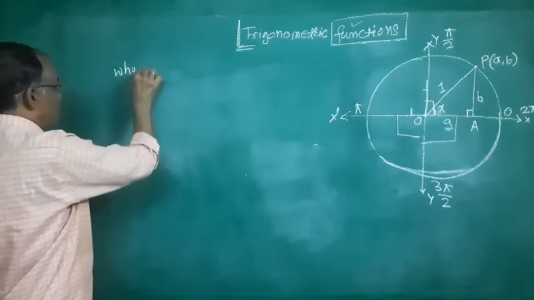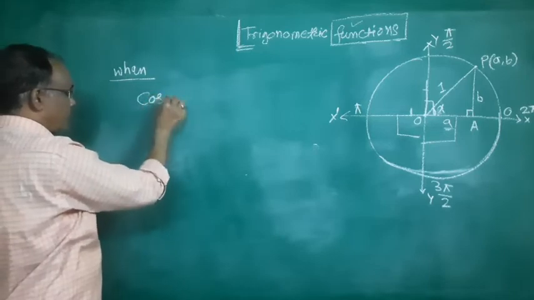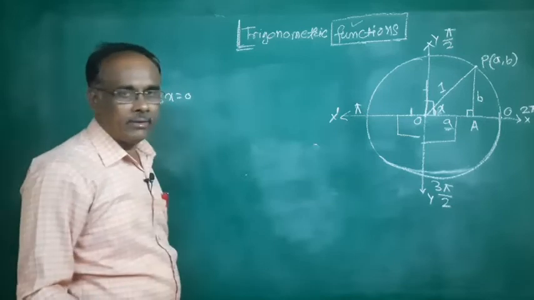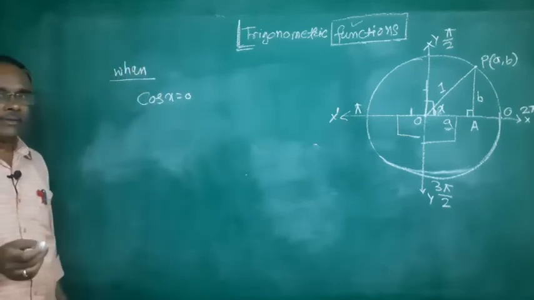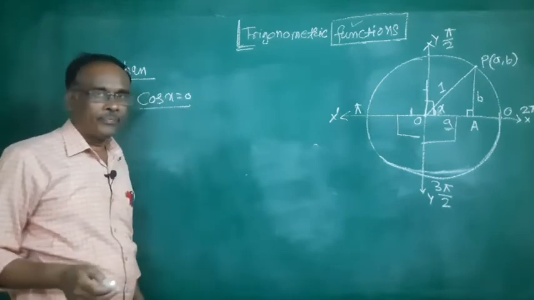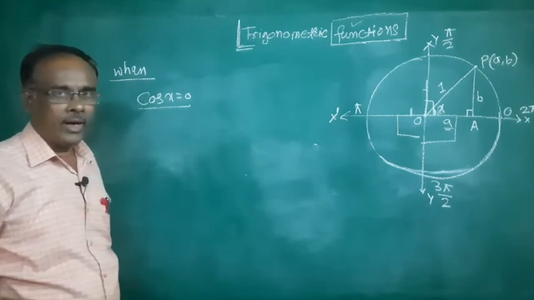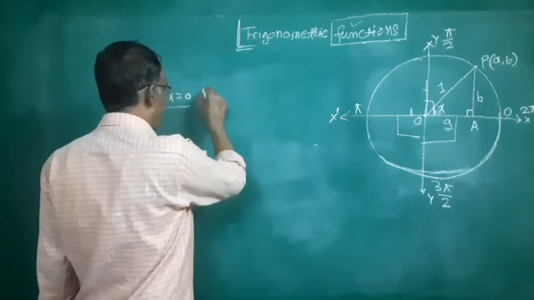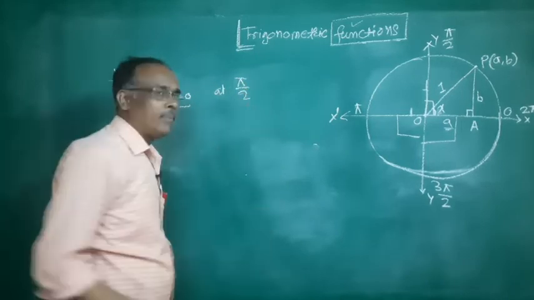When cos x equals 0, can anyone say when cos x is equal to 0? Cos x equals 0 at pi by 2.